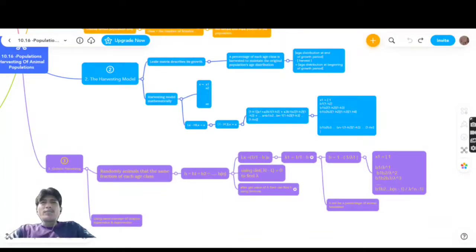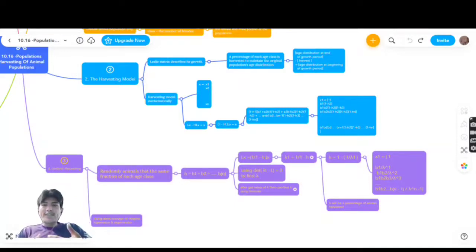For the first one, we will explain the theorem and the meaning of the theorem. And the second one, we will explain the formula and how to use it to apply to solving problems.